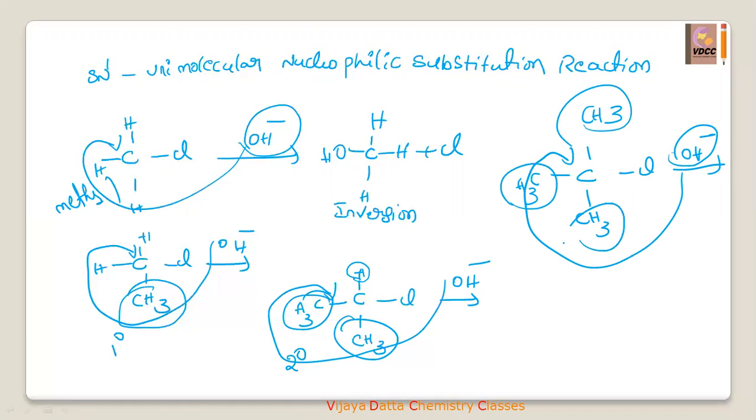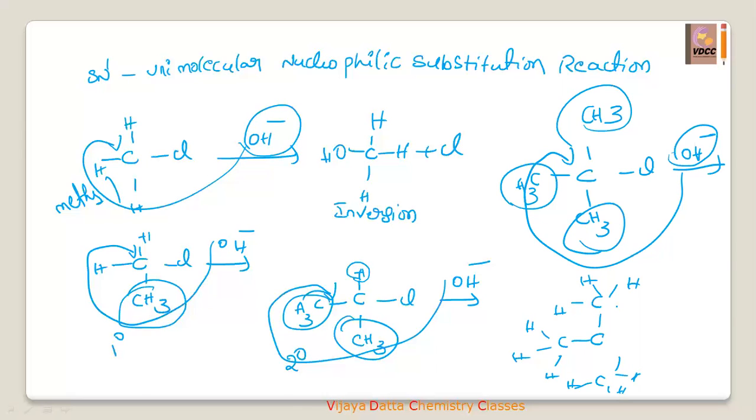There is steric hindrance, so there is bulkiness in the group we are observing. So attack of OH minus from the backside becomes more difficult. Then how will nucleophilic substitution take place? That is what we are going to study in the SN1 reaction.